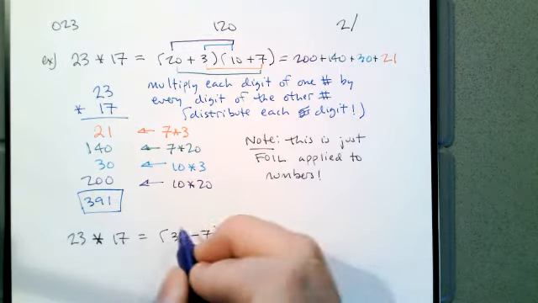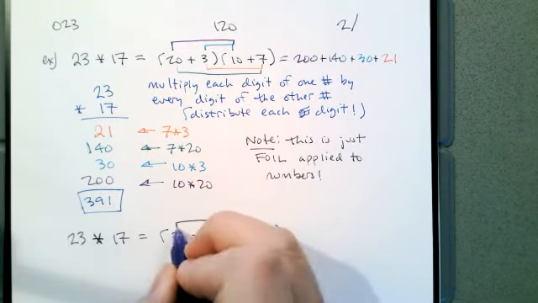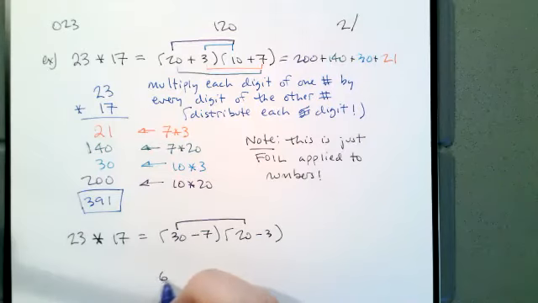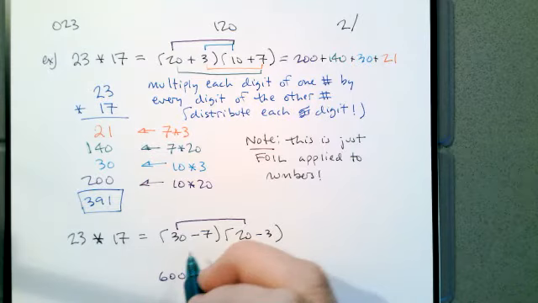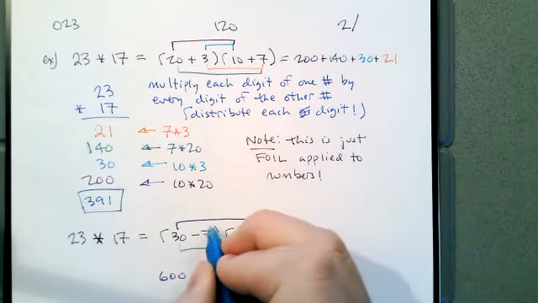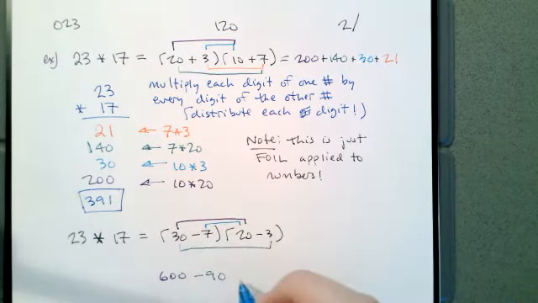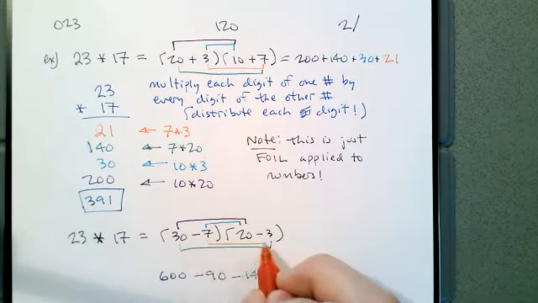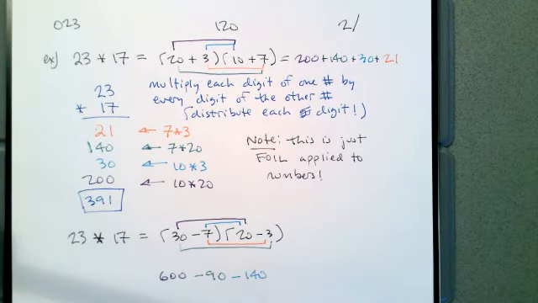Let's find out what happens. First, 30 times 20 is 600. Outer, 30 times negative 3 is negative 90. Inner, negative 7 times 20 is minus 140. And then last, negative 7 times negative 3 is positive 21.